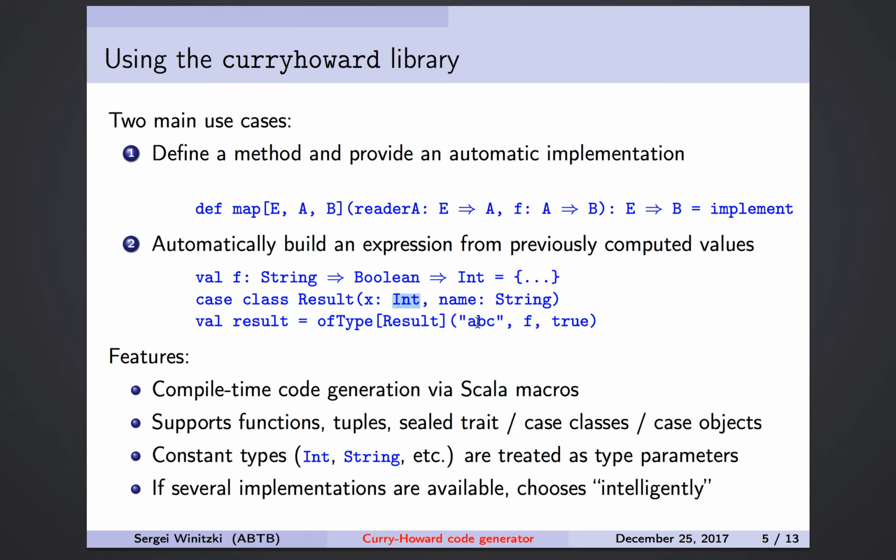So how can we get an int out of a string, out of a boolean constant true, and out of this f? Well, we can put the string and the boolean here into f as arguments, apply f to abc and to true, and then we get an int, and this int we can put into the result.